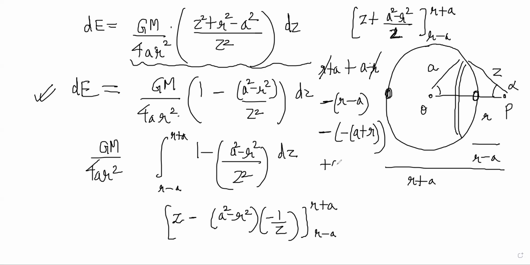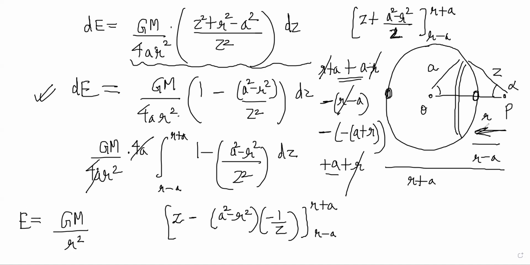Here you are getting plus a plus r, and this r gets cancelled with this. This plus a, so plus 2a and plus 2a, so plus 4a. Finally, plus 4a comes, which gets cancelled, and the field comes out to be gm by r square. So the overall field is in this direction, and its magnitude is gm by r square.